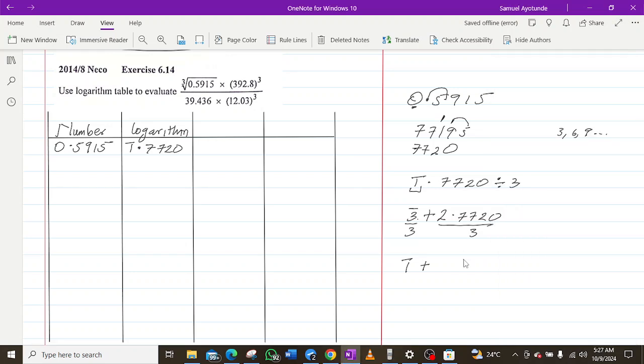So we have 0.924. We write all answers to 4 decimal places, and this is in 3 decimal places. So to make it 4 decimal places, we add 0 here. So we add the 2 whole numbers together. We add them. So we have 1 bar, then the decimal part 9240. So the division of this by 3, and we didn't put the cube root.